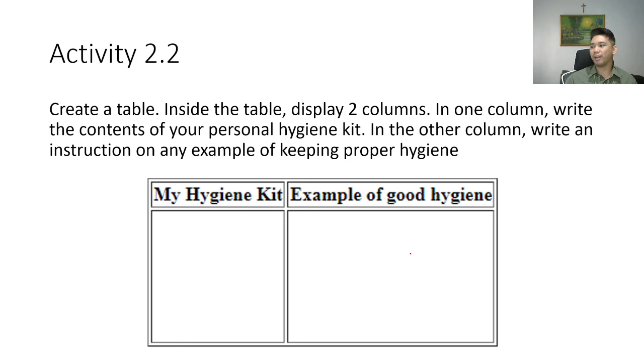And then on the other column, you create an instruction about an example of keeping your proper hygiene. And again, it's in the form of a list. So just imagine after creating a row and then you create a cell by using TD, inside TD, dun nyo ilalagay yung OL or UL kung ano man ang gagamitin ninyo. Okay? So please do that now.